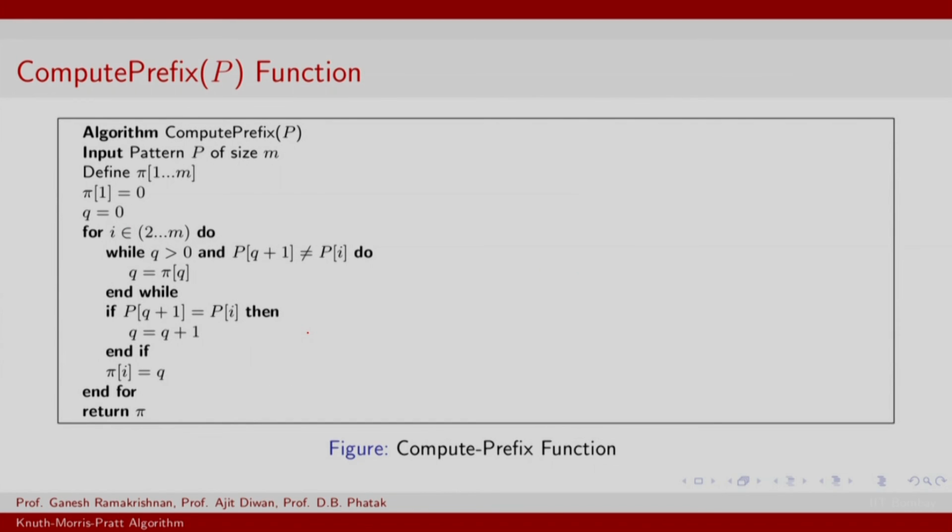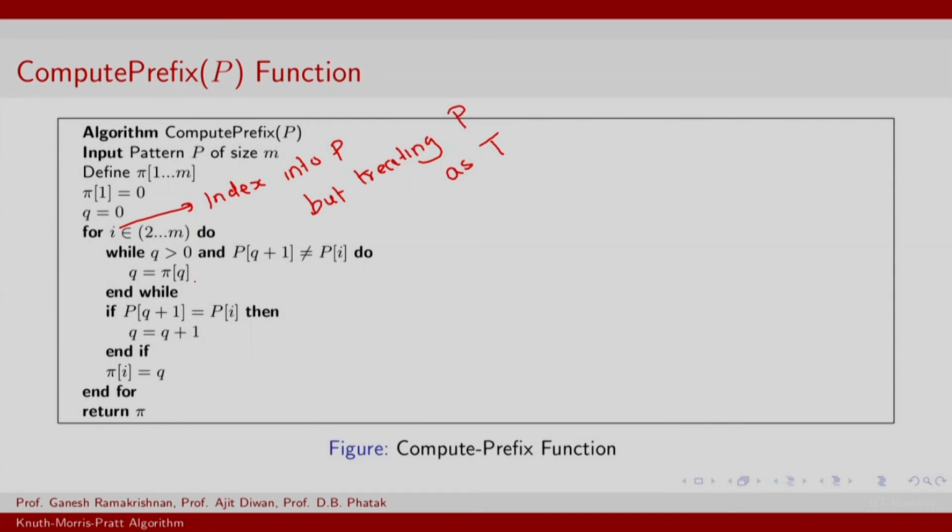So here is the compute prefix function. What you note is that we are maintaining an index i into P, but treating P as T.